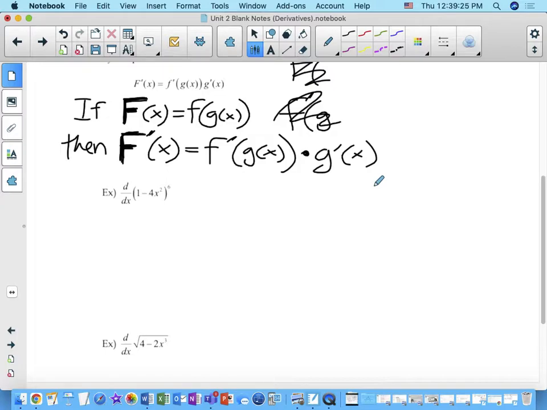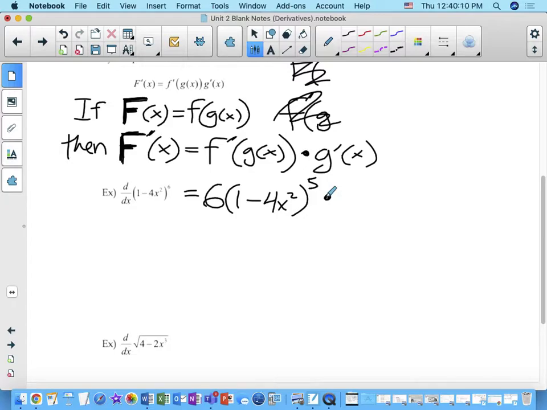Okay, so this is going to equal f prime of that. So f prime of that, if you thought of what's the derivative of something to the 6, that's a power rule, right? So we take the exponent, we bring it out in front, 6 times that something. Now that something has to be the g of x. In that case, that's 1 minus 4x squared to the 5. So that is this piece, the f prime of g of x, times g prime of x. Now g of x is 1 minus 4x squared.